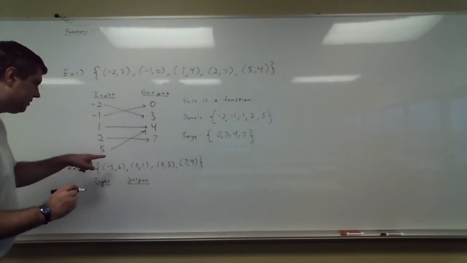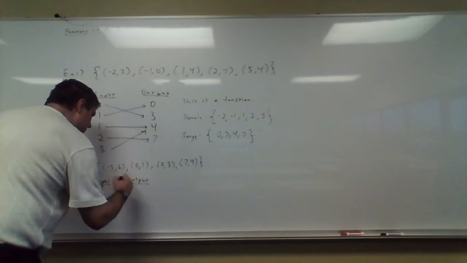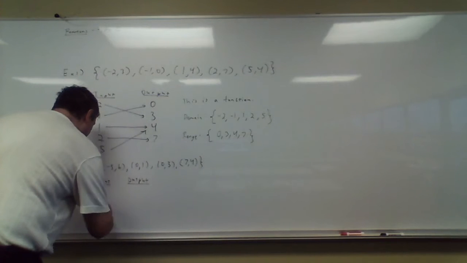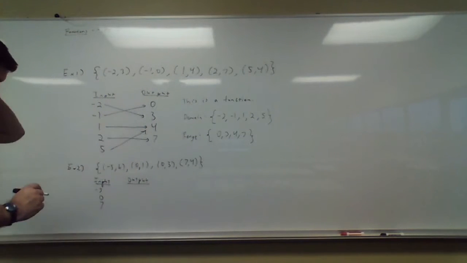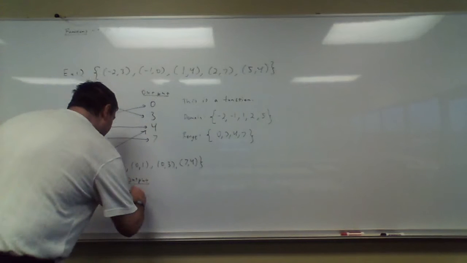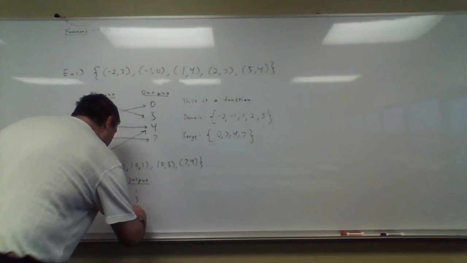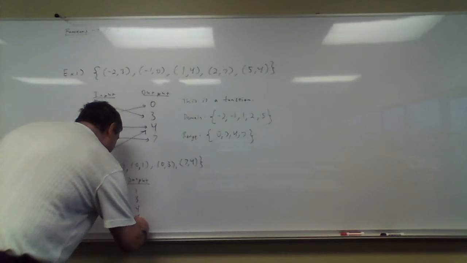Okay? The lowest input I see is -5. I have 0. I'm not repeating the 0. Then there's 7. The lowest output I see is 1. Then 3. Then 4. And then 6.